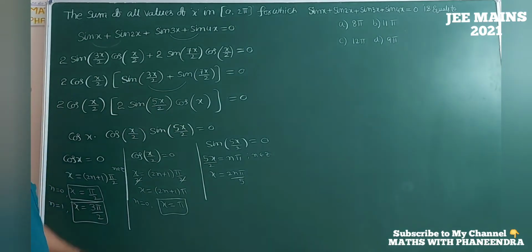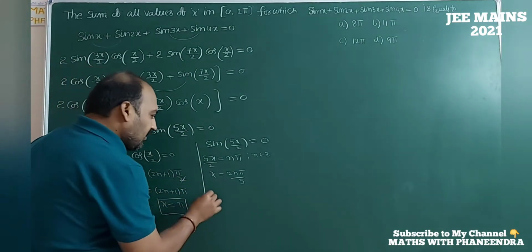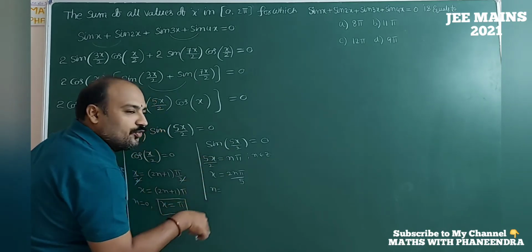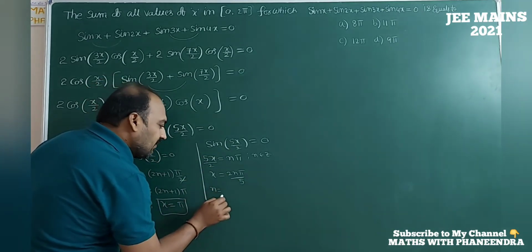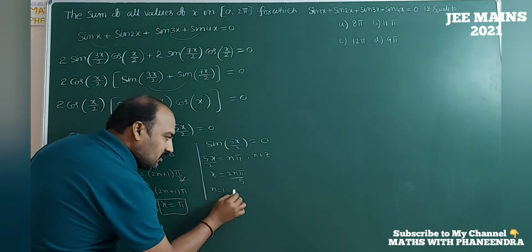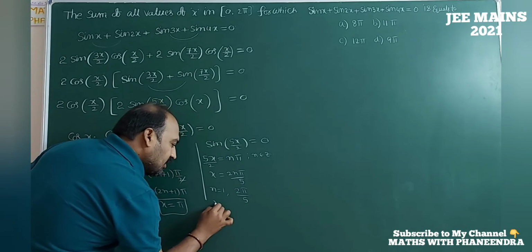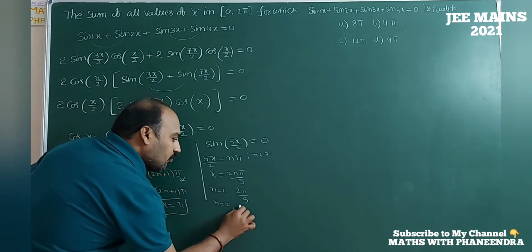Now the case, if you take n is equal to 0, 0 only will come. N is equal to 1: 2 pi by 5. N is equal to 2: 4 pi by 5.